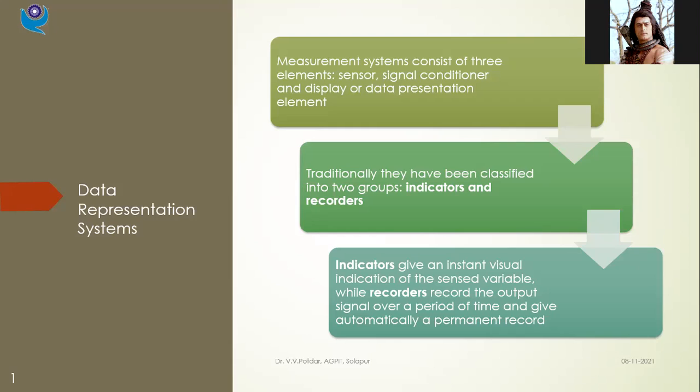But if I want to see what is the composition, if I want to see what is the inside temperature, if you want to see what is the actual pressure inside the reaction chamber, then the same signal will be used for display of the controlled parameter as well. So data representation is also equally important.